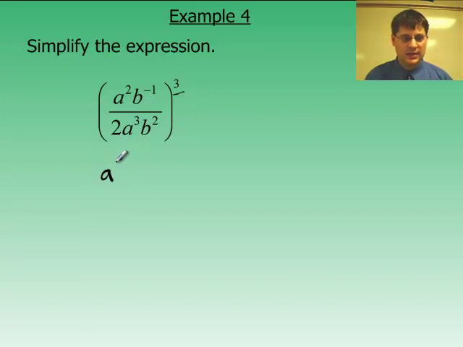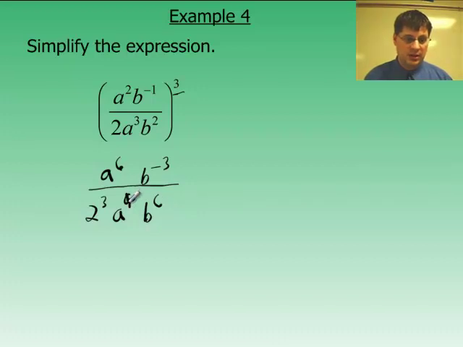So I'll have a to the 6th, b to the negative 3 over, so this is like saying 2 times 2 times 2, or 2 cubed, and then this is saying a cubed times a cubed times a cubed, which is a to the 9th, and then b squared times b squared times b squared gives me b to the 6th.